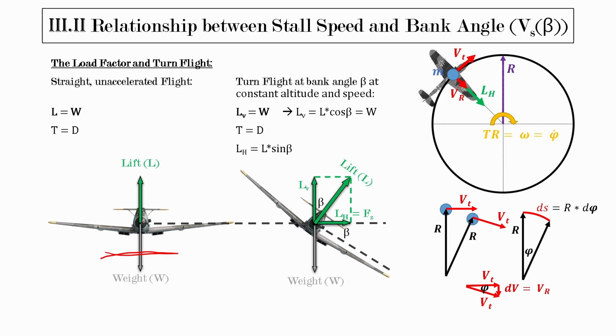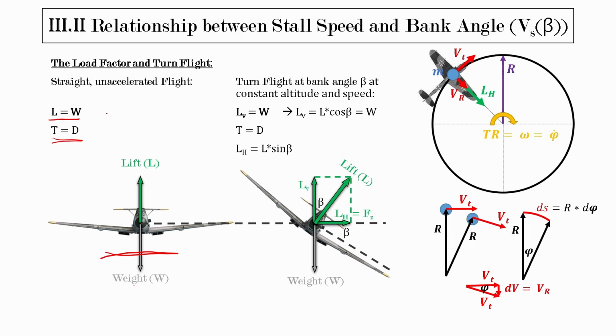So the lift is perpendicular to this plane indicated by the dashed line, and it is opposite in direction to weight. And to maintain altitude, lift and weight need to be equal. So these are the fundamental equations that we established last time.